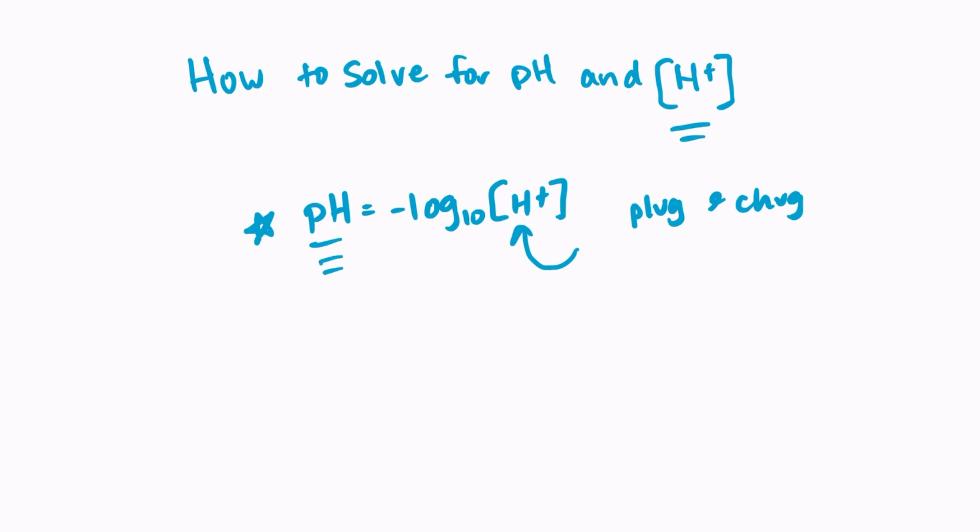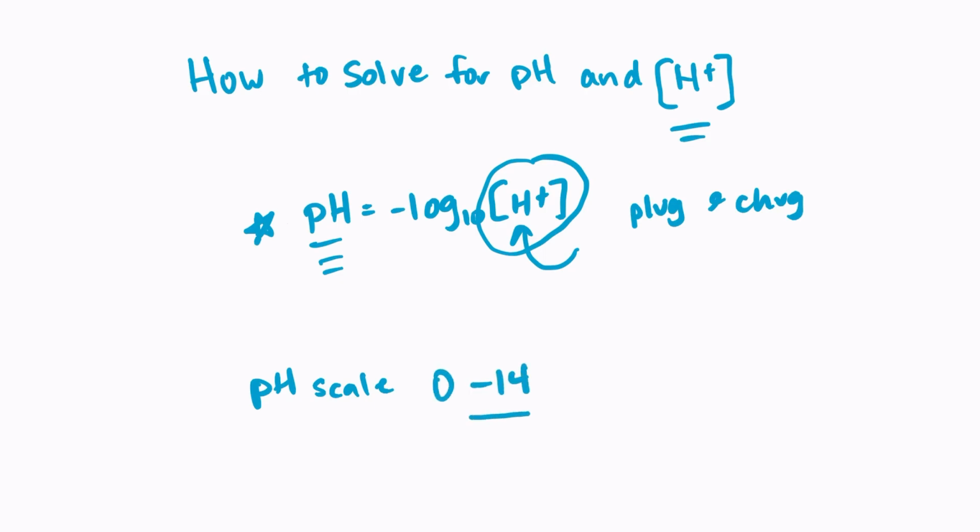So pH is based on the concentration of H plus ions in the solution. So the higher the concentration of H plus, the more acidic that solution is. The lower the concentration of H plus, the more basic that solution is. And you may remember that the pH scale ranges from 0 to 14.